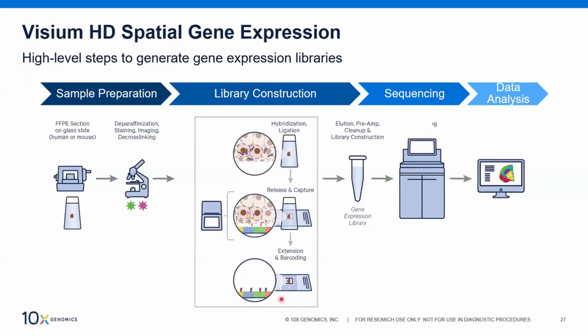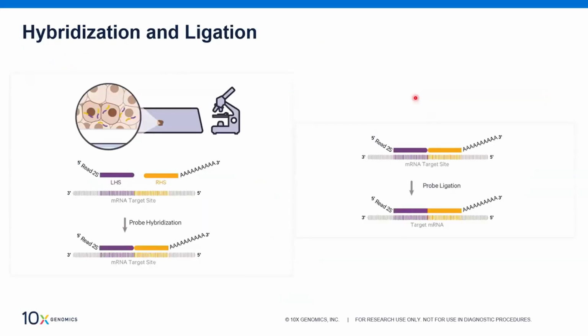So we basically come off the slide, go into a pre-amplification reaction and the finishing of the library construction, move on to sequencing, and then, of course, the data analysis.